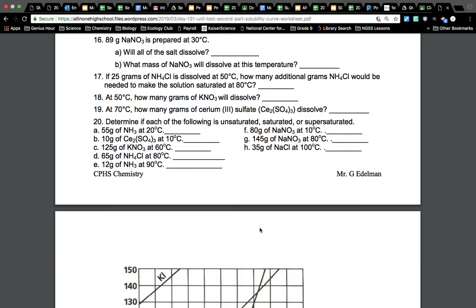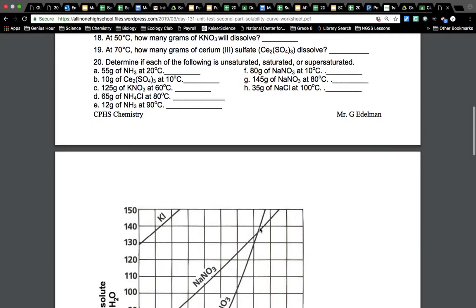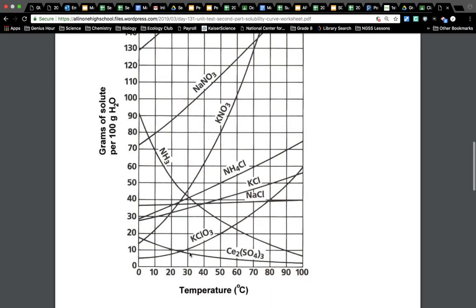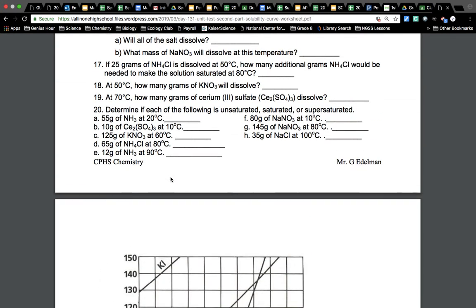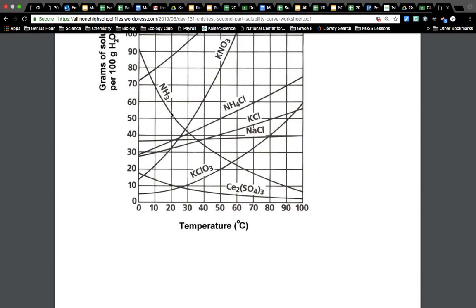Okay, determine if it's unsaturated, saturated, or supersaturated. So 55 grams NH3 at 20. So here's 20 NH3, 55 grams. Does that say 55 grams? It does say 55 grams.